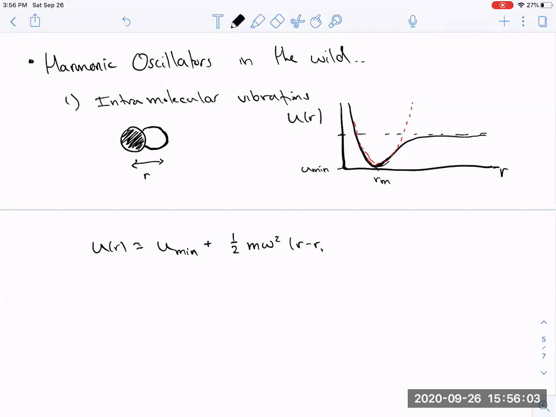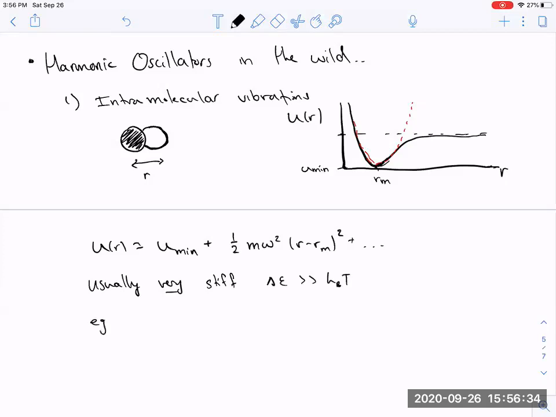That grows with displacement away from that minimum energy. Now, intramolecular vibrations are typically very stiff, such that omega is very large, and correspondingly delta E is much, much greater than kBT.